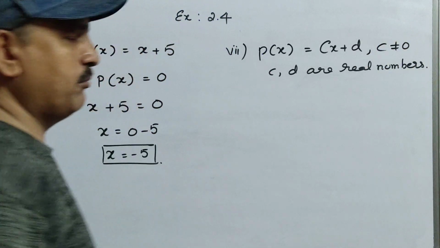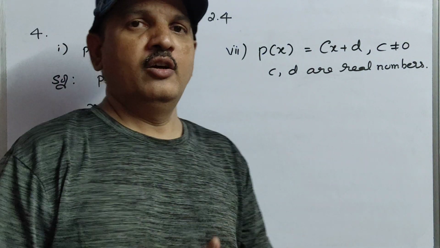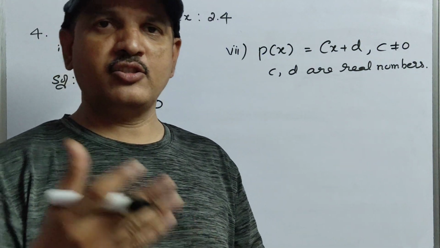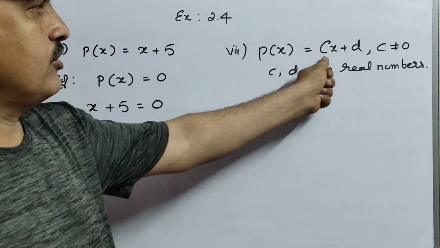Actually, to be frank, real numbers means rational numbers and irrational numbers together we call real numbers. And all natural numbers, whole numbers, integers all come under that only. Okay. Now p of x equals cx plus d.